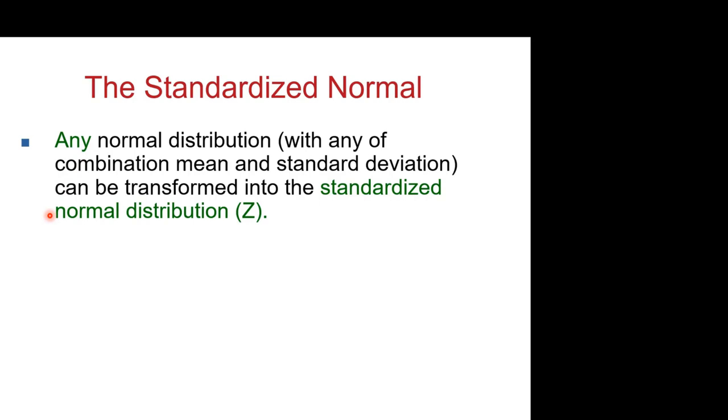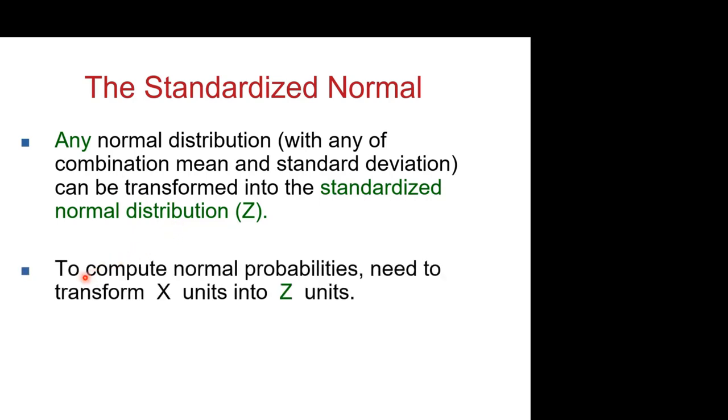The answer is because if we were to measure the probability for a normal distribution, you have to use the standard normal table, which only consists of the values of Z. So you have to transform the normal distribution into a standard normal distribution.